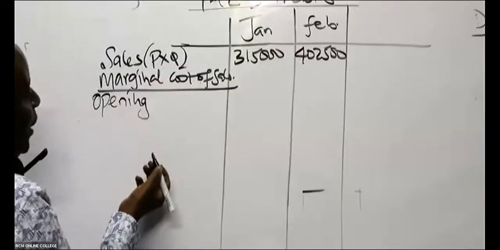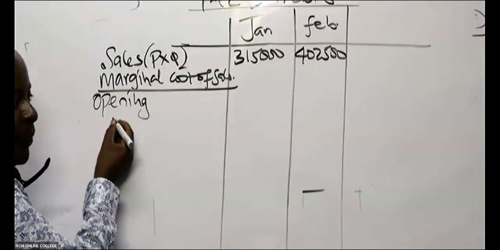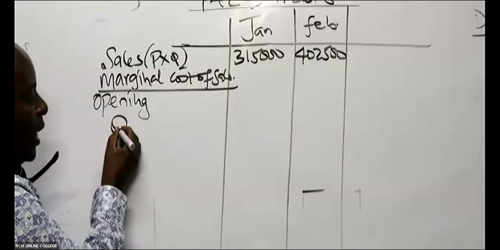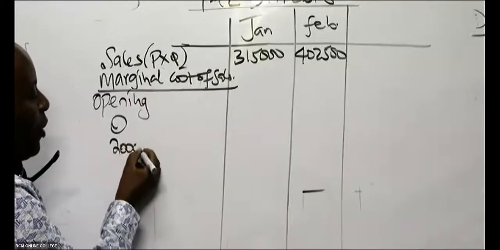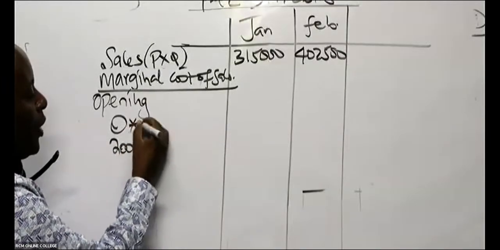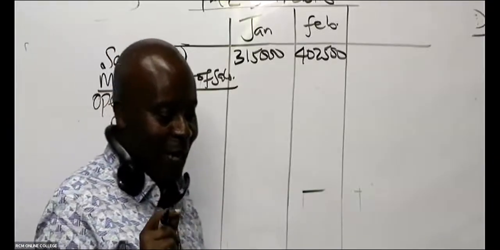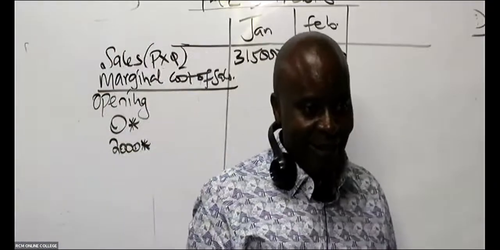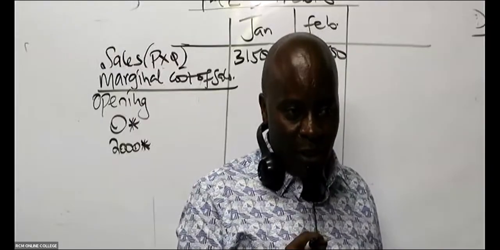Now, from the table that we did, what was the opening stock in January? 0. How about February opening? 2,000. Do you remember we did valuation of our inventory? Each unit is valued at how much?